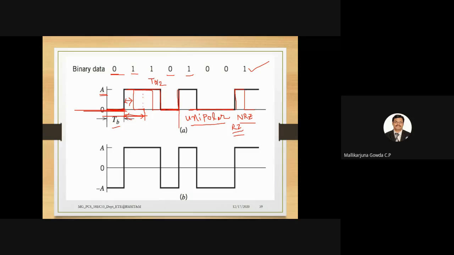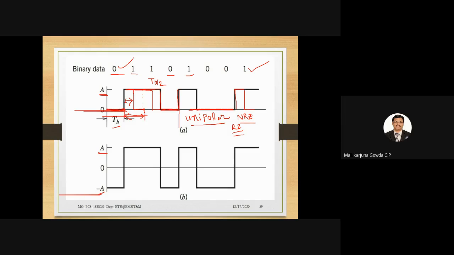Yeah, so the next one is polar non-return to 0 signaling. In polar signaling we represent binary information 0 by a negative amplitude, minus A volts, and binary data 1 by a positive pulse having a magnitude of plus A volts.